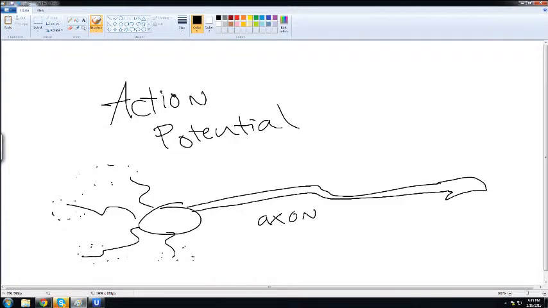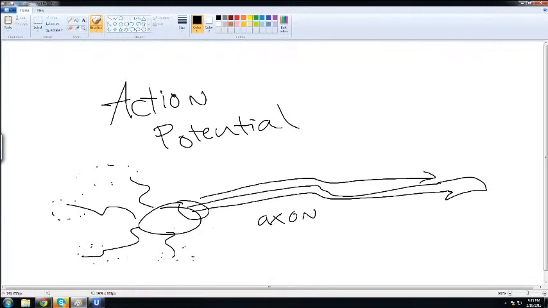And if that electrical activity, which degrades as it travels through space, summates at the axon hillock and reaches a certain threshold, then it's going to cause an action potential, which is just a very, very large depolarization in the membrane of the axon that will trigger a chain reaction and cause a signal that's basically a yes or no signal to be sent all the way down the axon and eventually reach the axon terminal and cause the release of neurotransmitters.